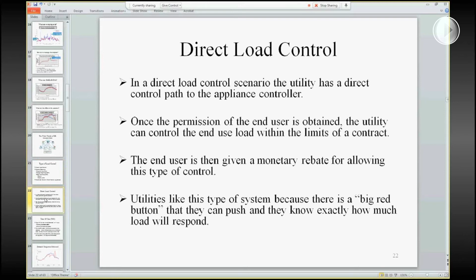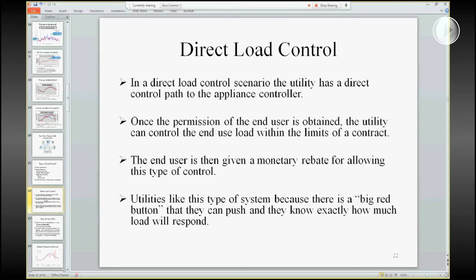So obviously, direct load control, we're talking about a direct control path to the appliance, what we call a controller. These are typically the type of contract that's signed ahead of time. Consumers are aware that there will be an event, typically given some kind of notice, and typically given some kind of rebate for allowing this type of control.